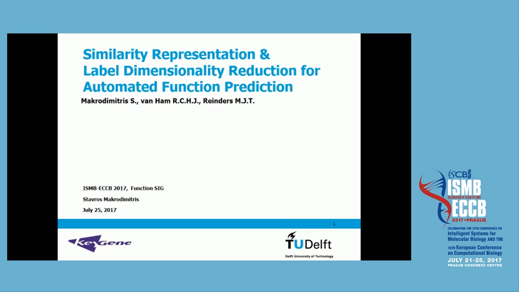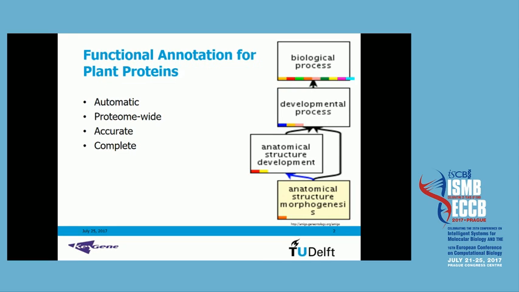My name is Stavros, PhD student from Delft University of Technology in the Netherlands, in a joint project with a Dutch company called Kijin. And what we are trying to do in this project is come up with a computational method that will automatically assign gene ontology annotations for plant proteins, specifically for plants, and we are mostly interested in the biological process ontology, which, as we saw already, happens to be the most difficult one.